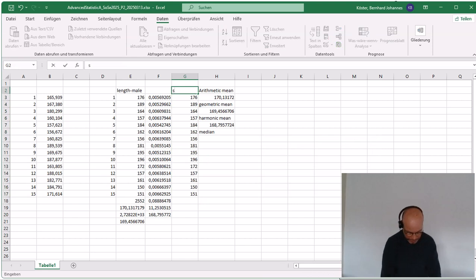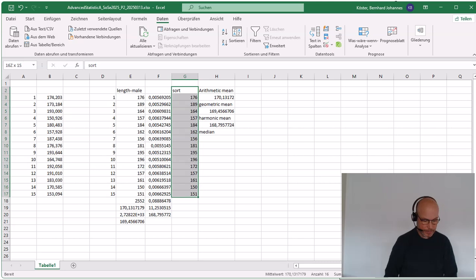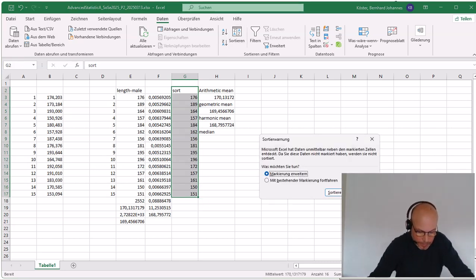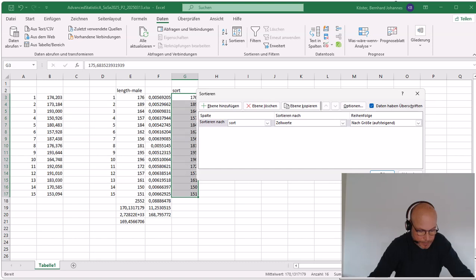Then we type in here this bracket, and starting from the lowest.